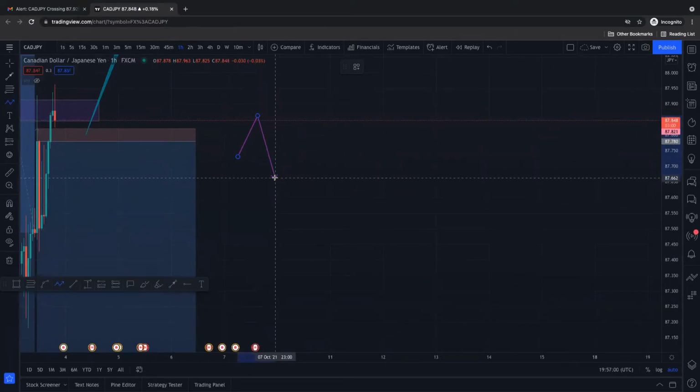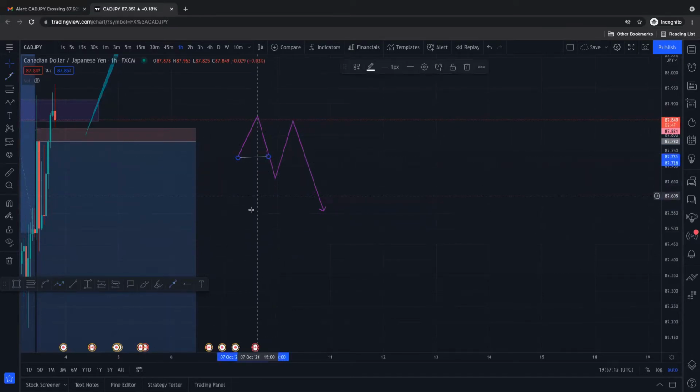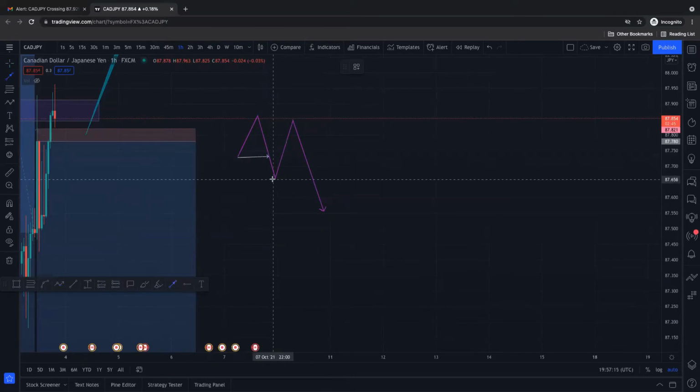So we want to see this. When the price hits our point of interest or our order block, we want to see on the lower time frame one break and a second break.